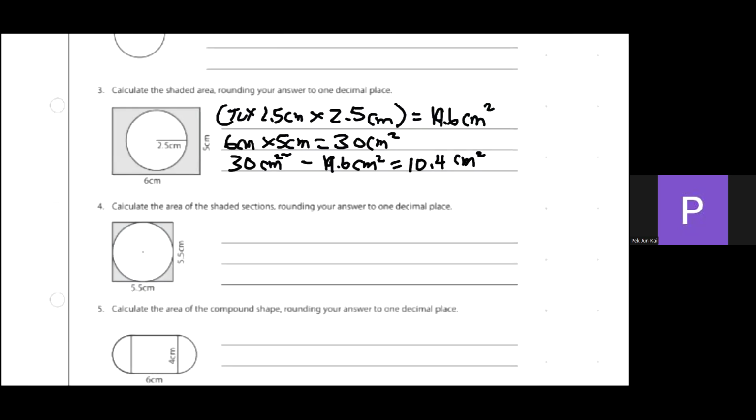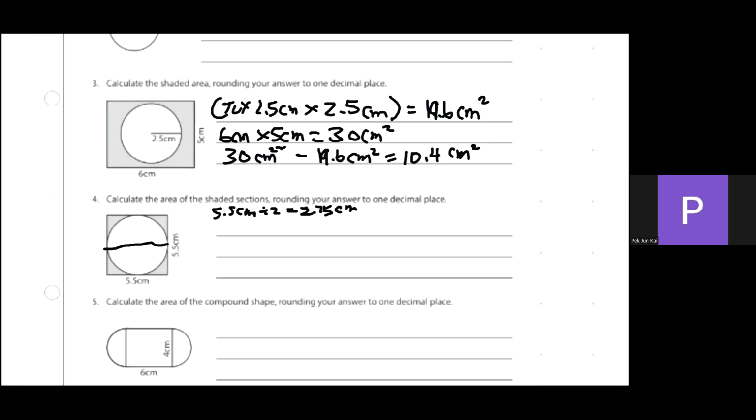Next, question number 4. Calculate the area of the shaded sections. So we also can calculate the area of the circle first. The diameter of the circle is 5.5 cm. So the radius would be 5.5 cm divided by 2, which is 2.75 cm.